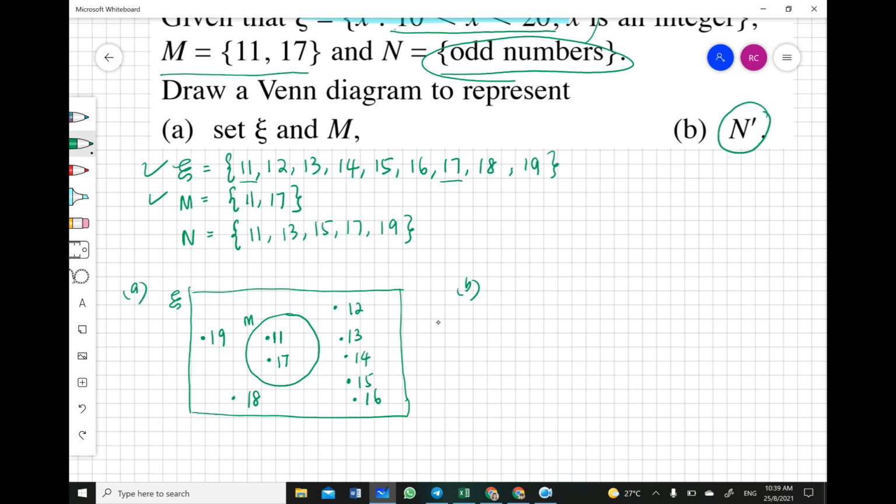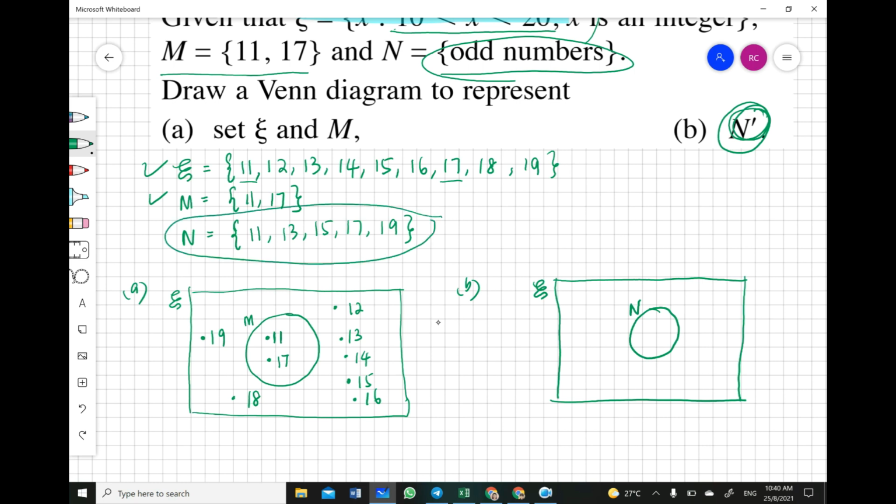Now we proceed to B. They just want N complement. So we still draw the universal set and label it with the symbol. We need set N, because to determine where the N complement is, it is outside set N. My N over here is too small, so I need to draw it bigger because I have five elements inside.